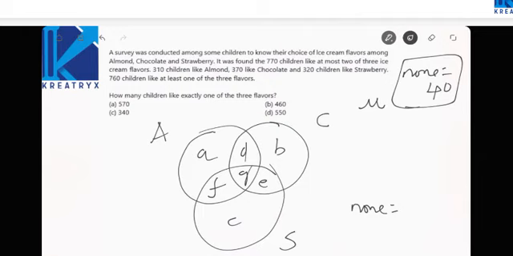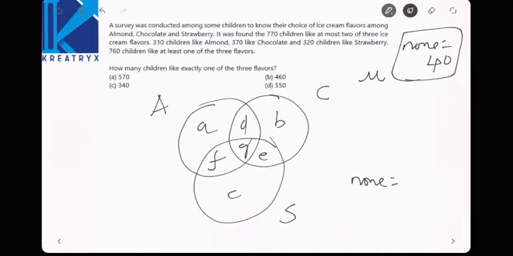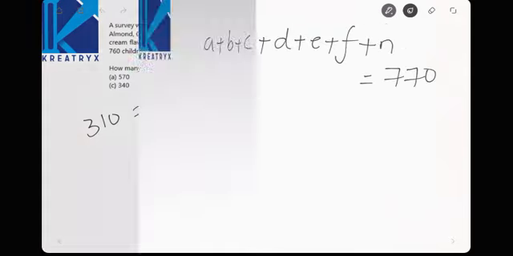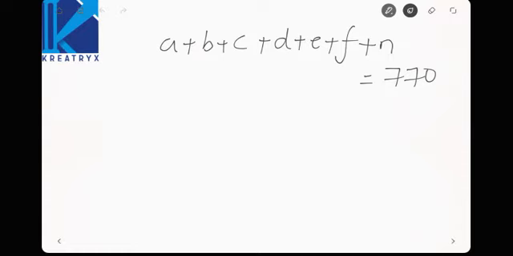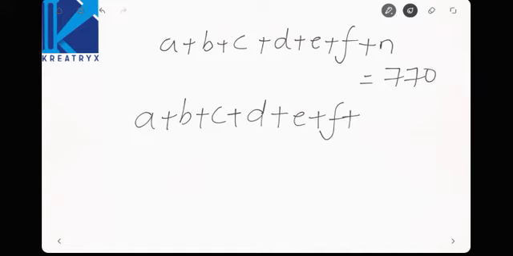And next what they have given is 310 children like almond, 370 like chocolate and 320 like strawberry. 760 children like at least one of the three flavors, means at least one of the three, except none. All the things, right. A plus B plus C plus D plus E plus F plus G is nothing but 760.